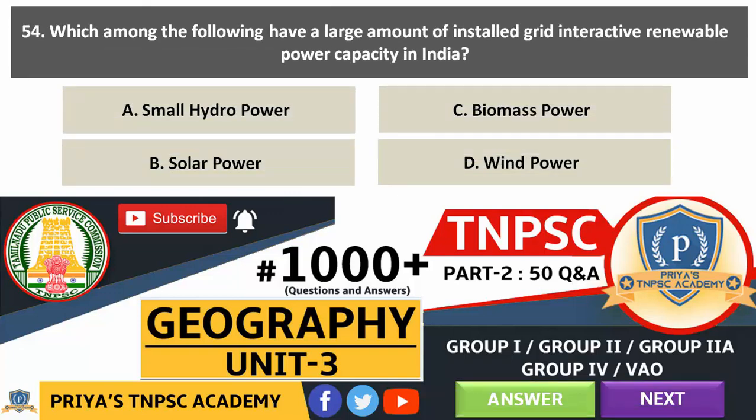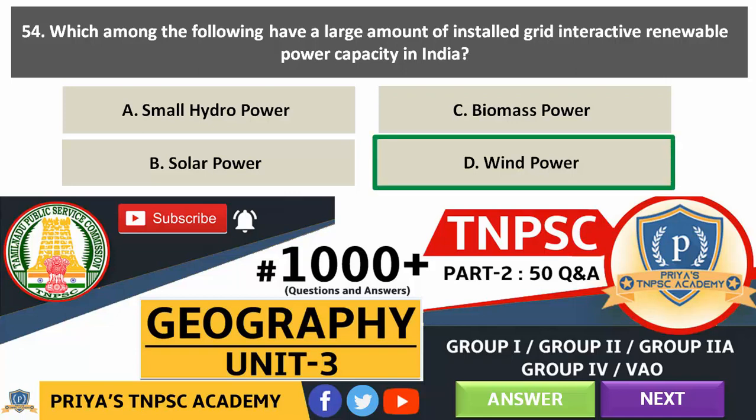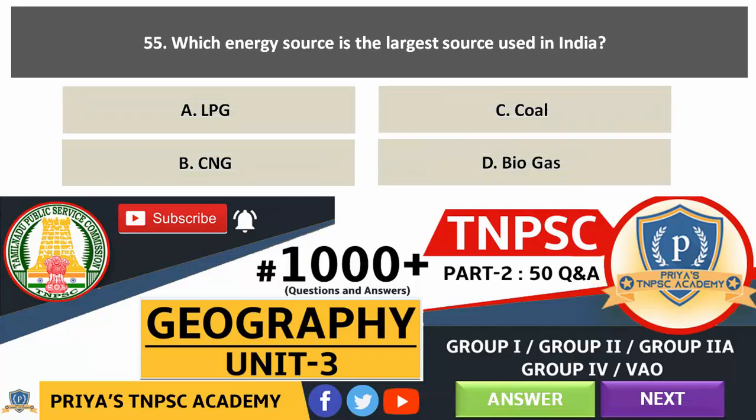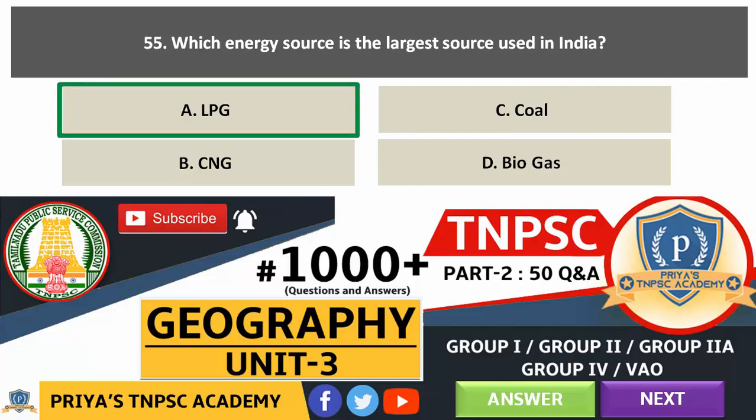Next question. Which among the following have a large amount of installed grid interactive renewable power capacity in India? Answer is option D, wind power. Next question. Which energy source is the largest source used in India? Answer is option A, LPG.